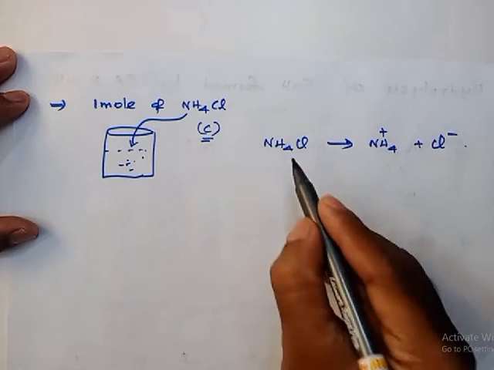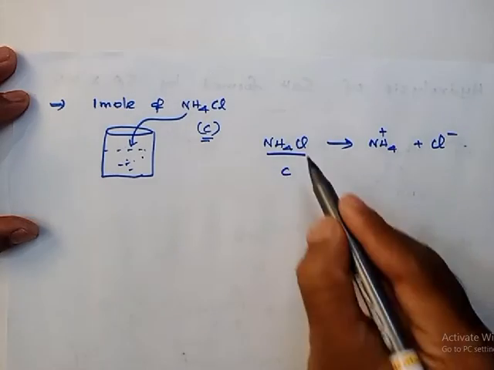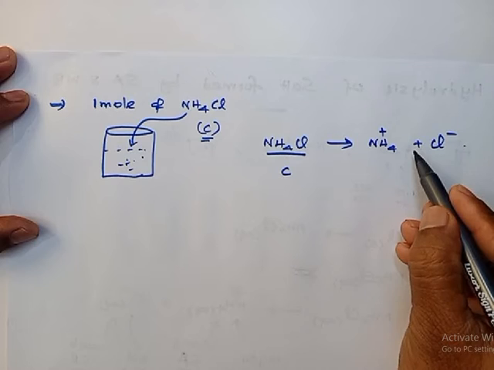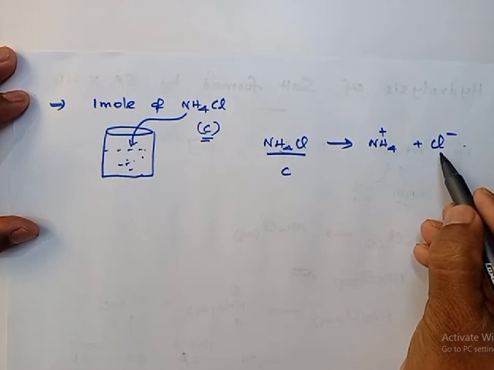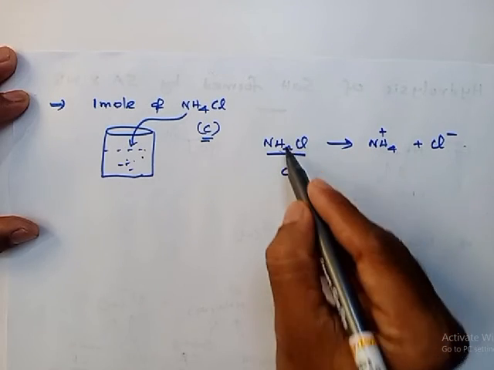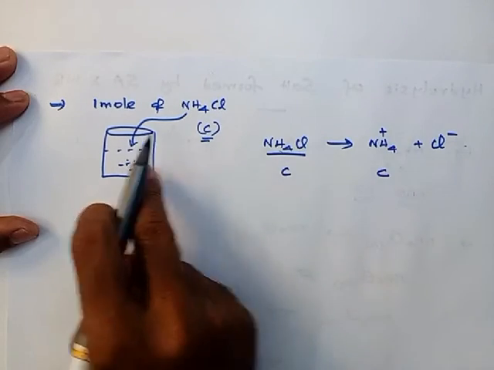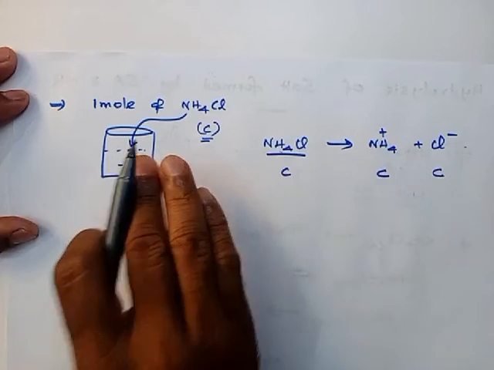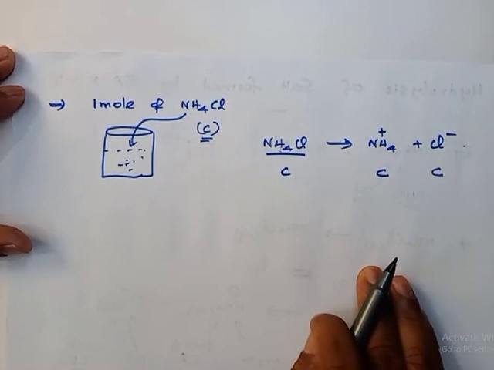If the concentration of ammonium chloride is C, since it is a strong electrolyte, it will undergo complete dissociation. One ammonium chloride molecule will give one ammonium ion and one chloride ion. Therefore, if the concentration of ammonium chloride is C, then the concentration of ammonium ion in solution should also be C, and the concentration of chloride ion should also be C. This is the first point you should keep in mind.